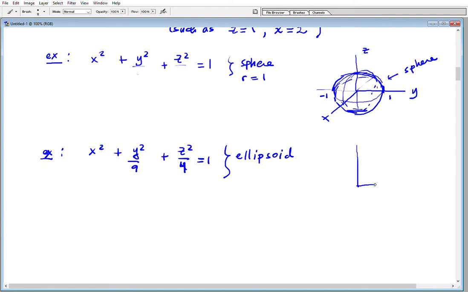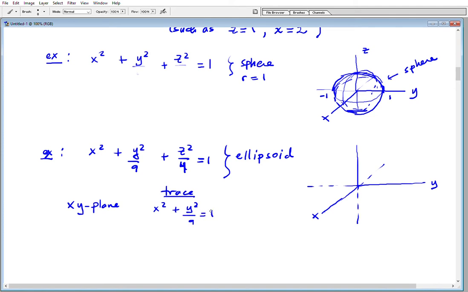We get a more accurate picture by looking at how it looks in the various planes. You just set one of the variables equal to 0. So let's start with the xy plane, and here we list the trace. For the xy plane, just set z equal to 0, and here we have this. We recognize that form as an ellipse.